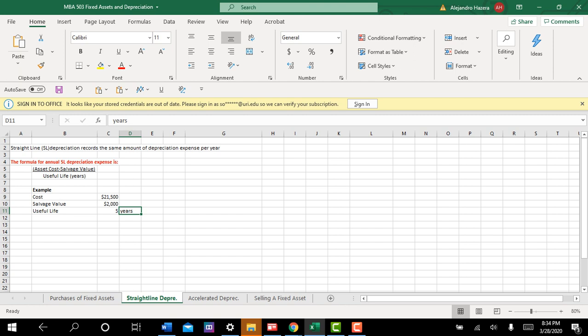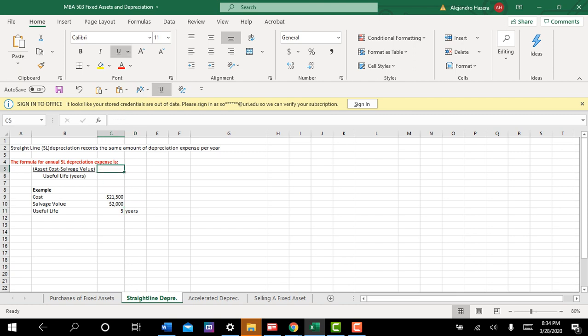Now let's plug these numbers into this formula. The numerator of the formula is the cost of the asset minus the asset salvage value.